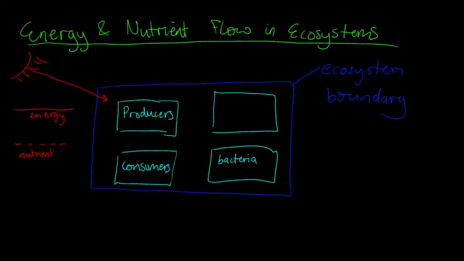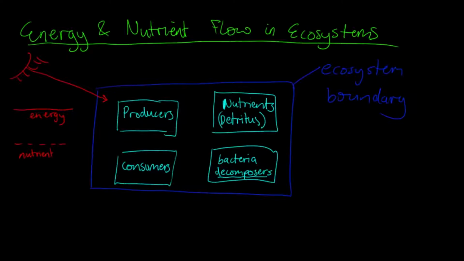I would say detritivores or decomposers. They're bacteria, they're breaking down all of the organic material. And then here we have the nutrients, otherwise known as detritus, you might see that as well.